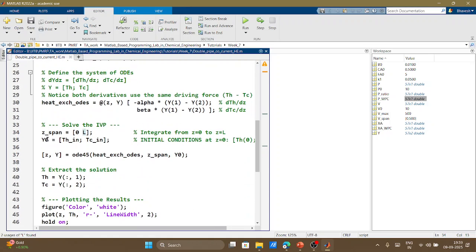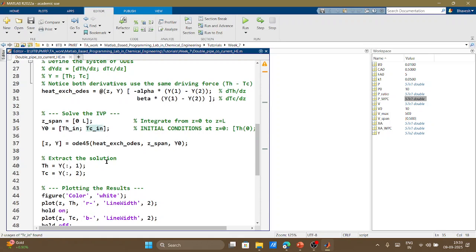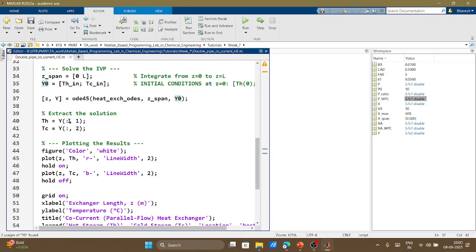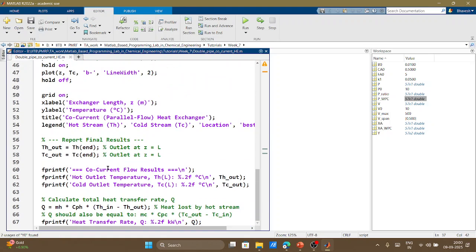Your y0 initial value, you know the inlet temperature of the hot stream and of the cold stream. You call an ODE solver, ode45, which we are using extensively. You call your heat exchanger ODEs, your span, and your initial value, and it will give you the Th and Tc data, and then at the end it's plotted, right? So if I do that and run it, this is how it will look.